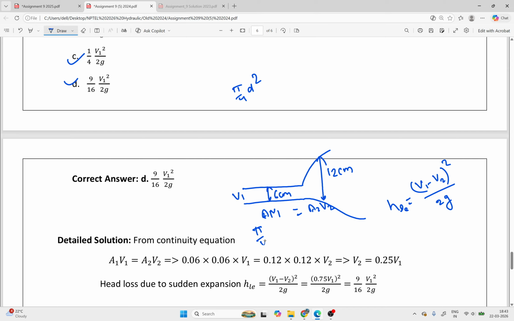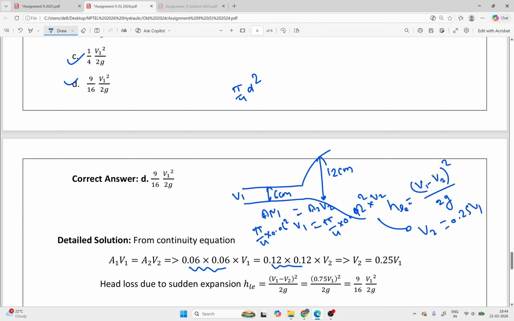So pi by 4 into 0.06 square v1 is equal to pi by 4 into 0.12 square into v2. Very easy. So now v2 is equal to, after calculation, 0.25 v1.